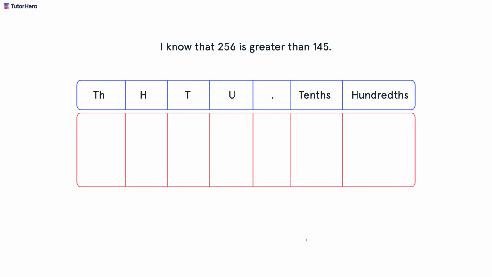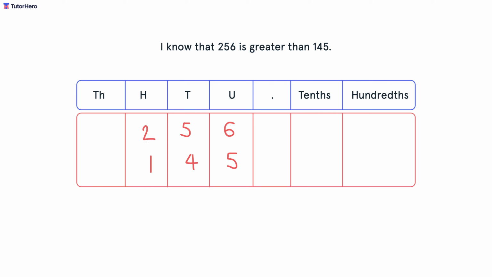I know that 256 is greater than 145. Let's use our place value chart to help us. 256 and 145. 256 has 6 units, 5 tens and 2 hundreds, and 145 has 5 units, 4 tens and 100.